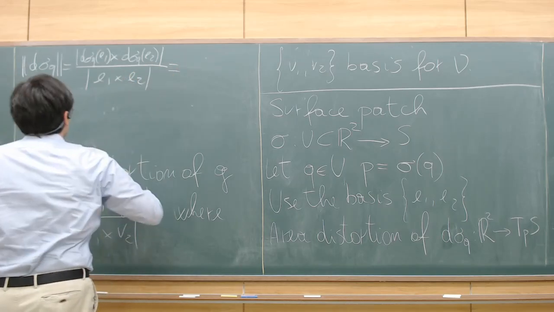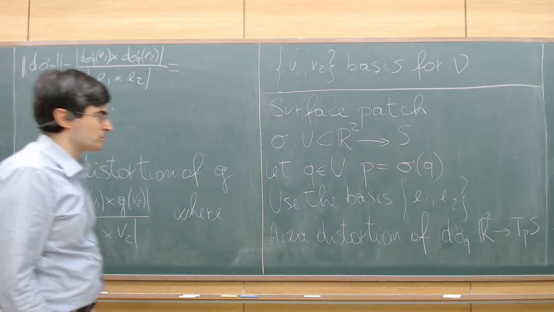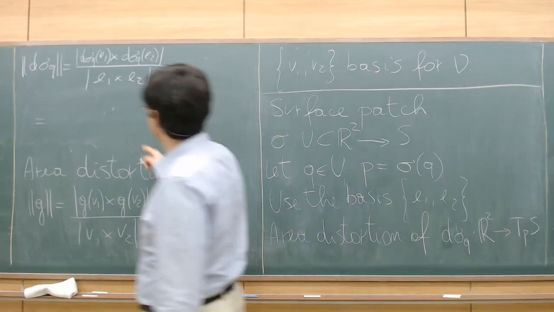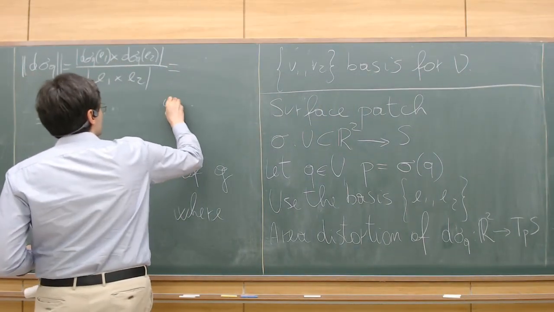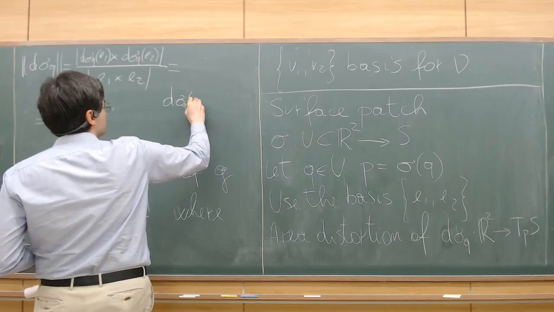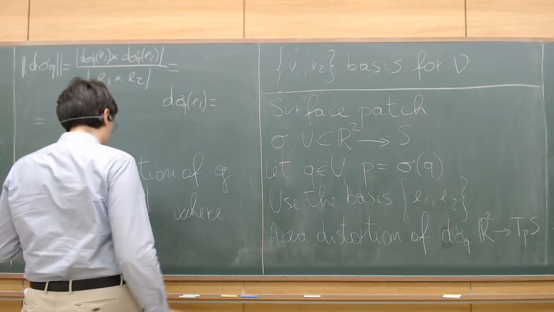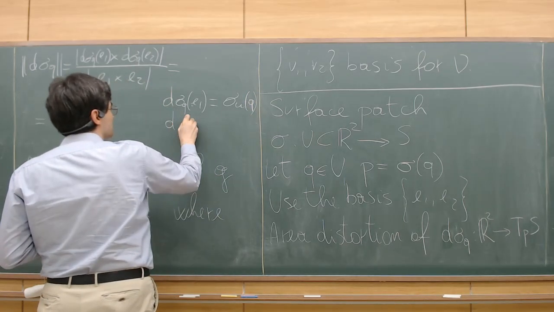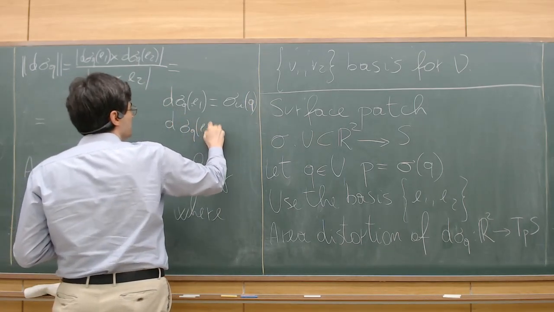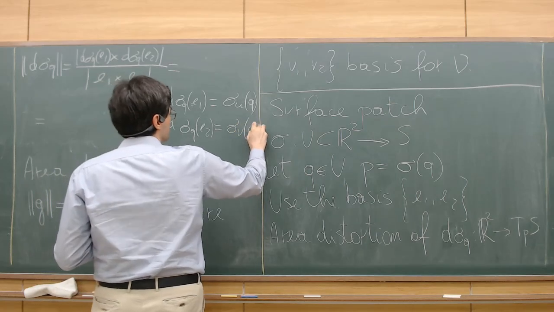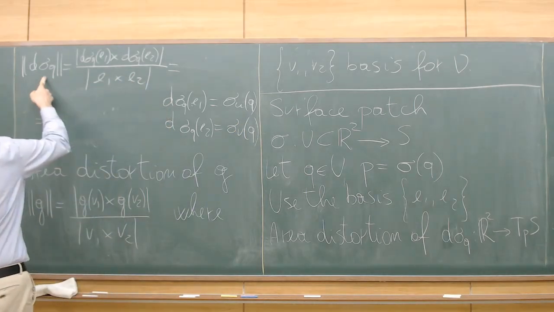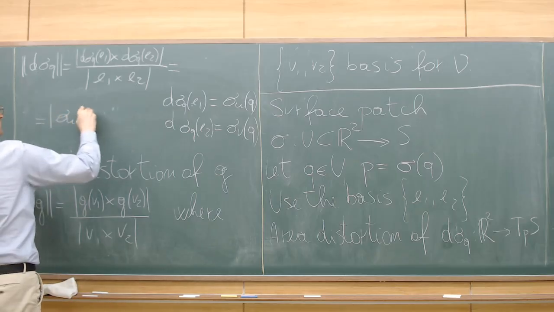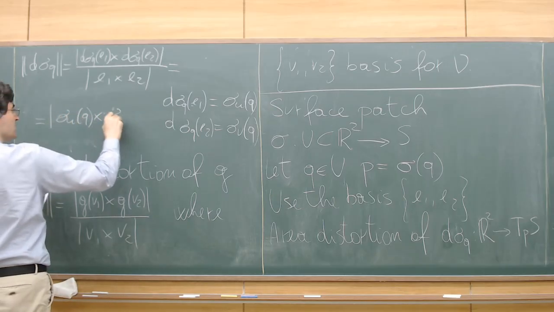But this expression can be simplified because this is an orthonormal basis, so the denominator is 1, and we use the fact that d sigma Q E1 is nothing but the partial derivative sigma u at Q, and d sigma Q E2 is the partial derivative sigma v at Q. So the area distortion of this map reduces to the length of sigma u at Q cross sigma v at Q.